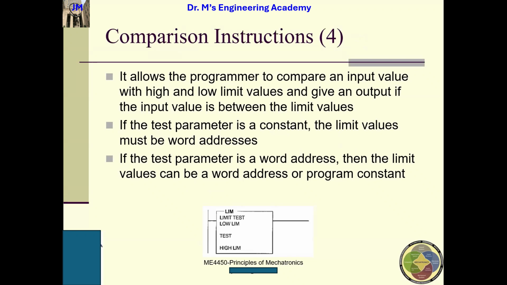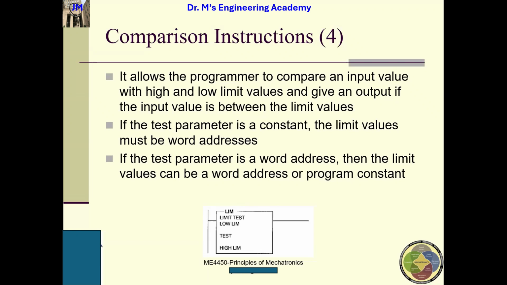Okay, so this is a limit. It allows the programmer to compare an input value with a high and low input limit value and give output if the input value is between the limit values. If the test parameter is a constant, the limit values must be word addresses.